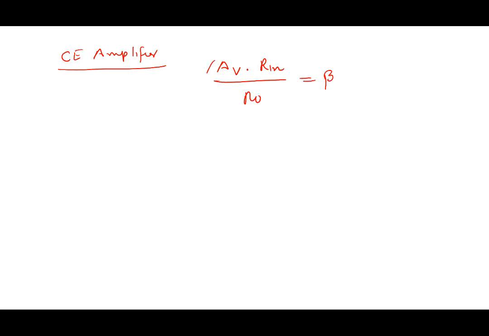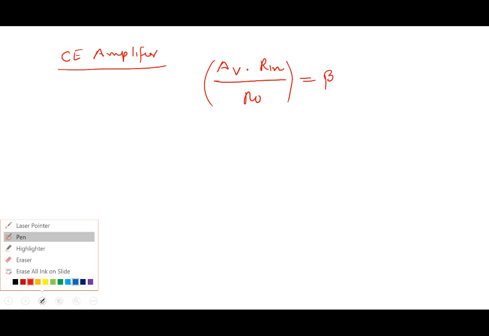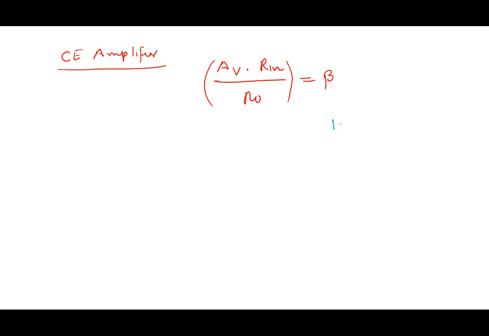Let's say we take beta equal to 100. So the right hand side is fixed, and it allows you to now choose the values of AV0, Rn and R0.